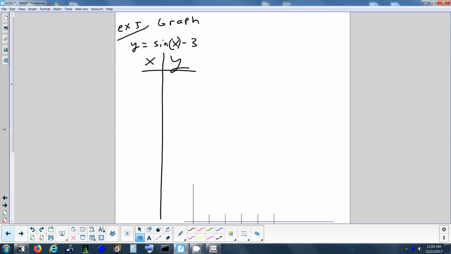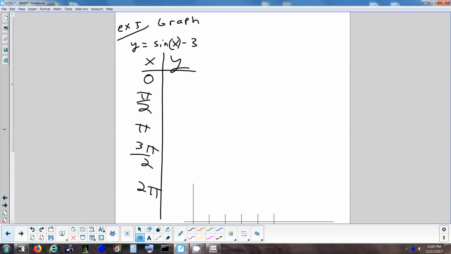Right, the x and the number are not grouped together in parentheses. Okay, so what column stays the same for a vertical shift? The x's. 0, pi over 2, pi, 3 pi over 2, 2 pi. And now, what are we going to do to all the y values?